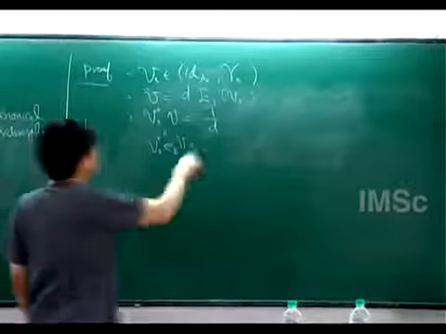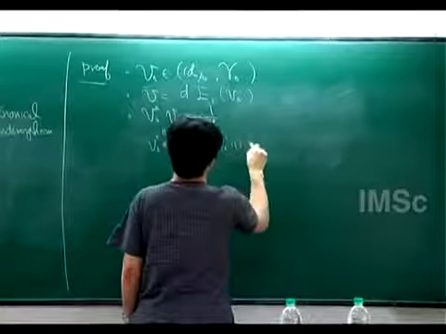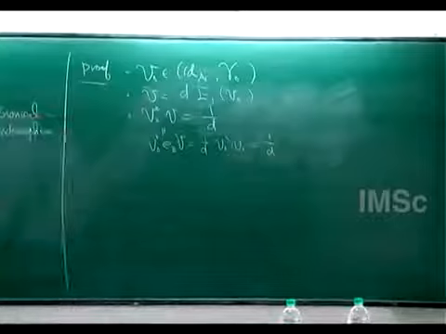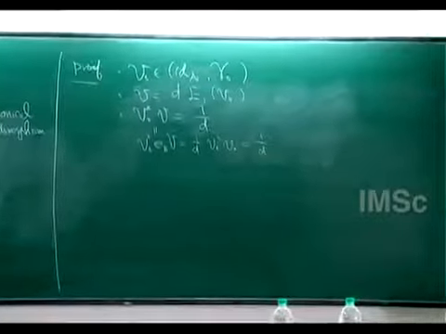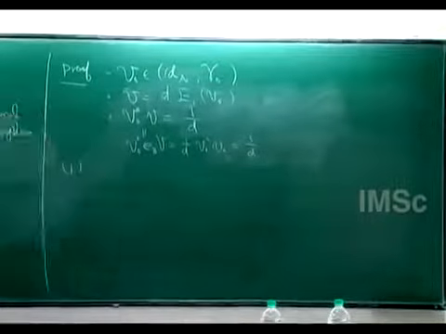So this is 1 over D times V0 star. Right. So these are easy consequences of the definition. So let's prove it.